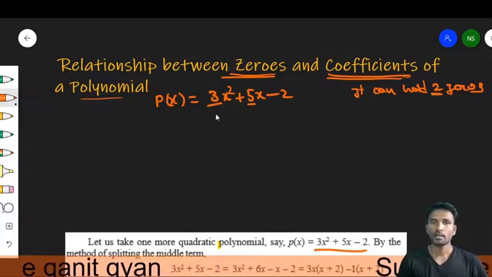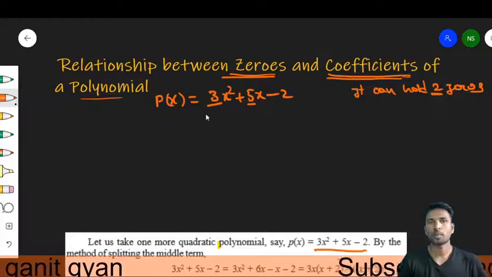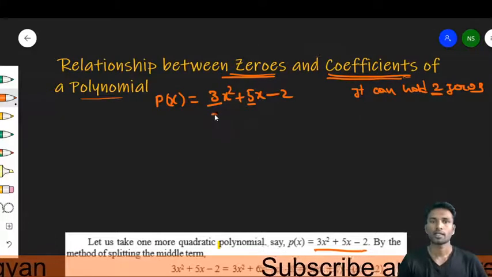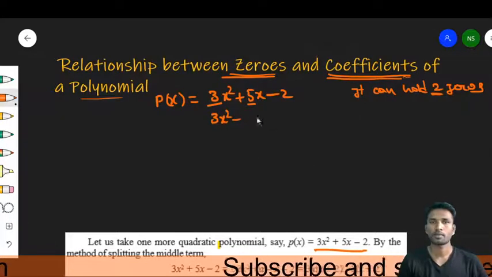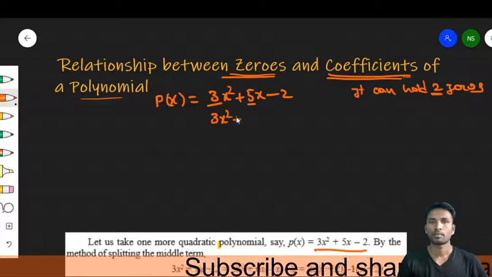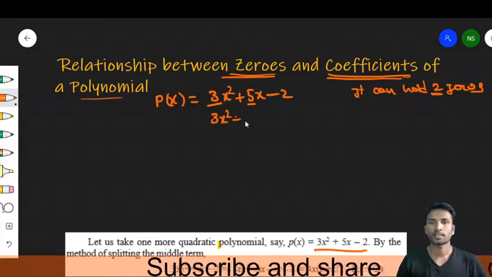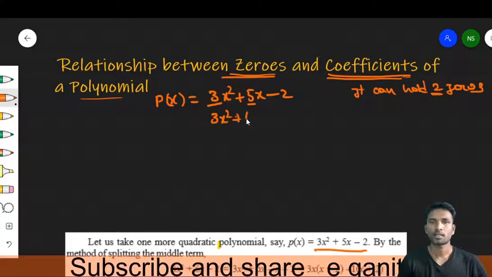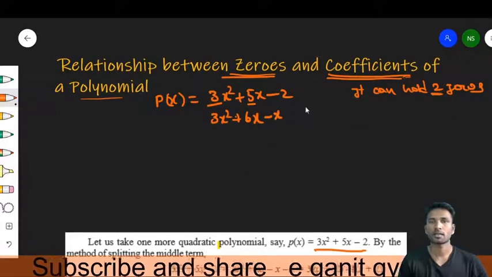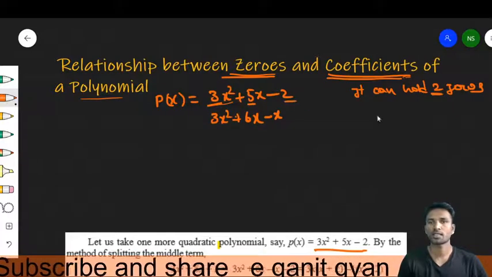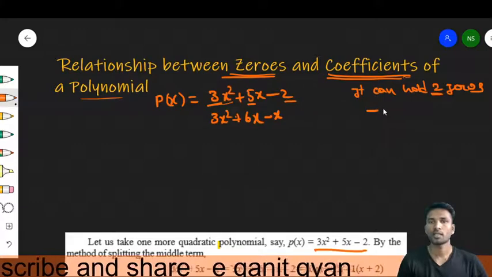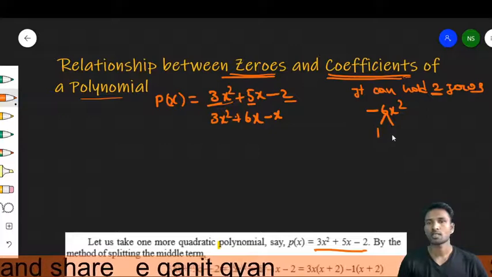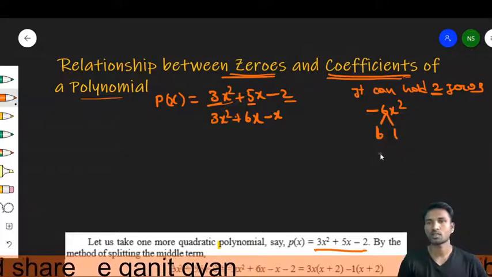If I find the zeros for this polynomial by splitting the middle term, I will get 3x square plus 6x minus x minus 2. How? Multiply the first and last term, then you will get minus 6x square, then split. You can split this in two different ways, 1 and 6, or 2 and 3.